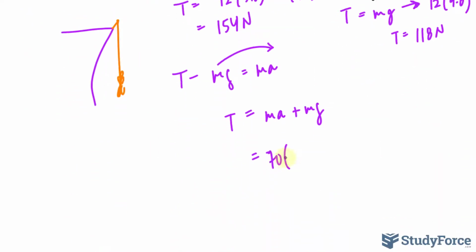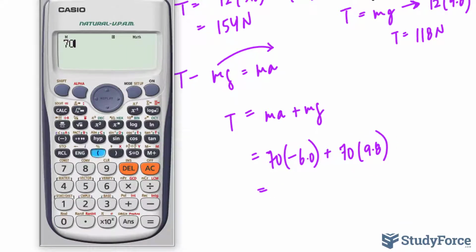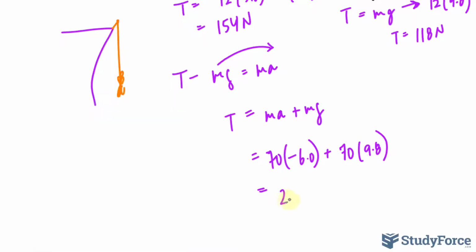They're sliding down, so we represent that with negative 6.0, plus the mass of the climber times 9.8, the acceleration due to gravity. So using our calculator, we have 70 times negative 6.0 plus 70 times 9.8, and that gives us 266 newtons.